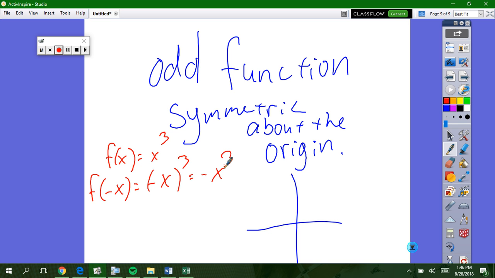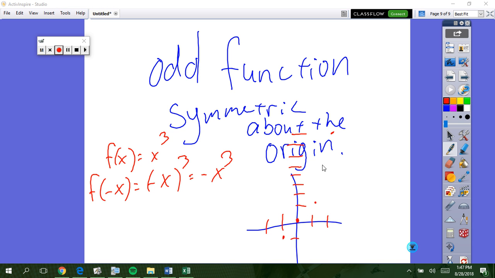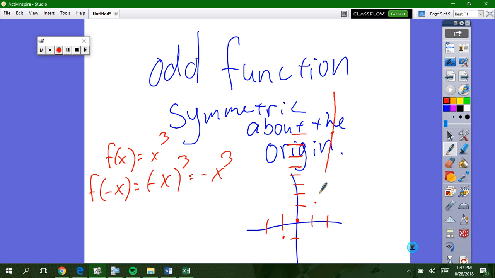Here's what we got. If I plugged in and graphed x cubed: 0, 0; 1, 1; 2, 8; negative 1, negative 1; negative 2, negative 8. I went through every dot, didn't I? Okay.